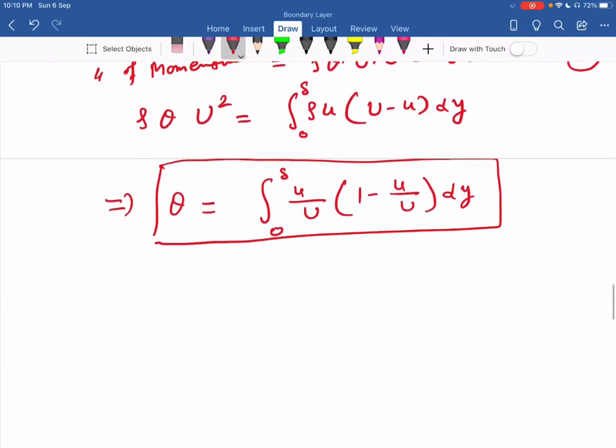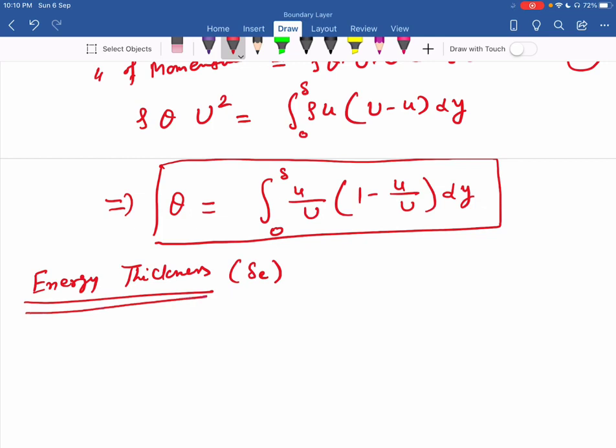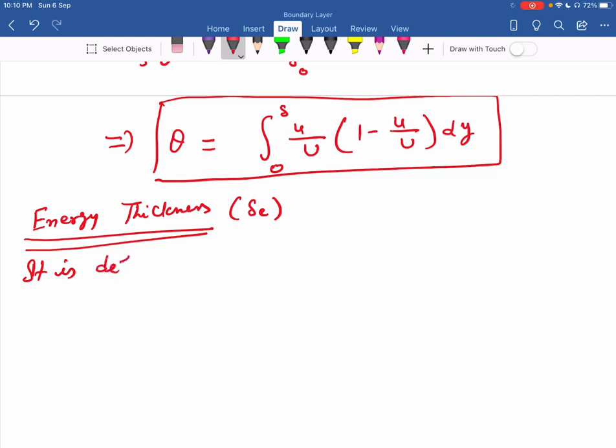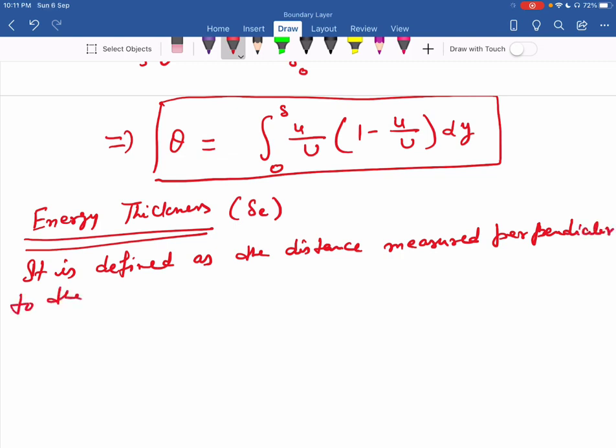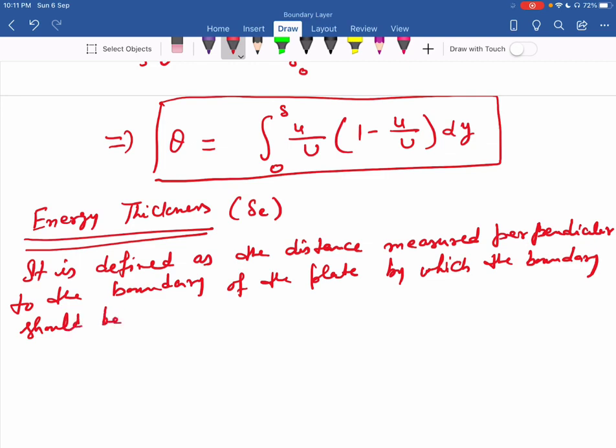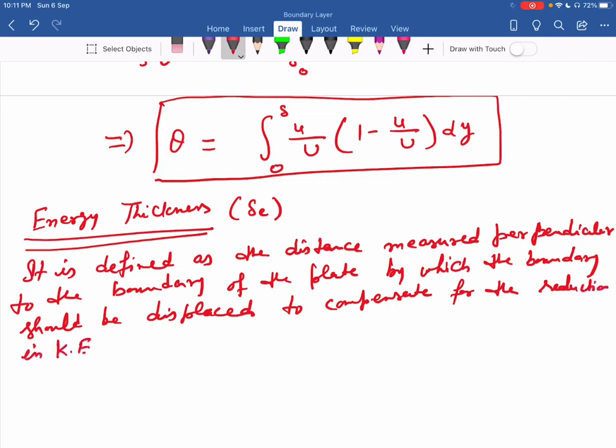Okay, so on the same lines, you can write the energy thickness. Energy thickness is delta E. Its definition is the distance measured perpendicular to the boundary of the plate by which the boundary should be displaced to compensate for the reduction in kinetic energy of the flowing fluid on account of boundary layer formation.